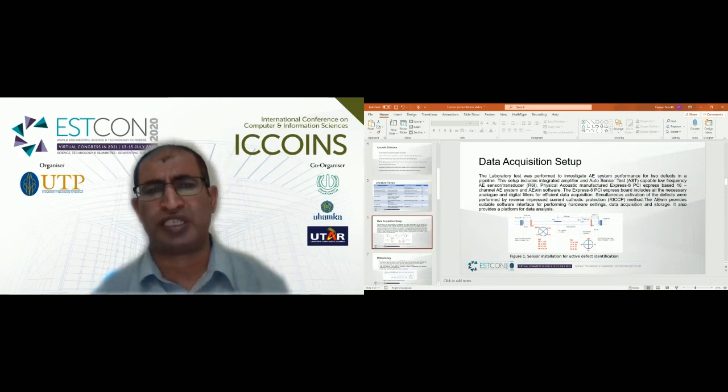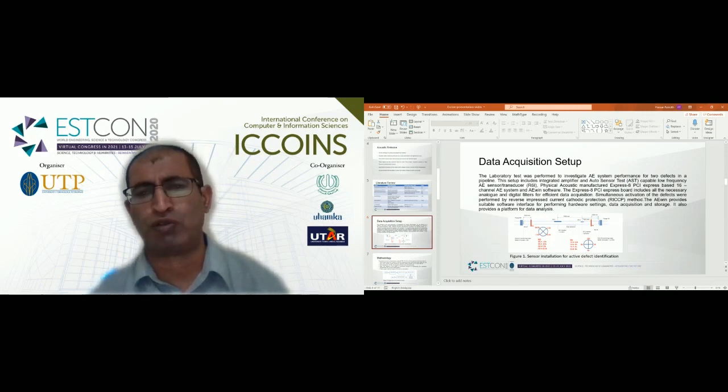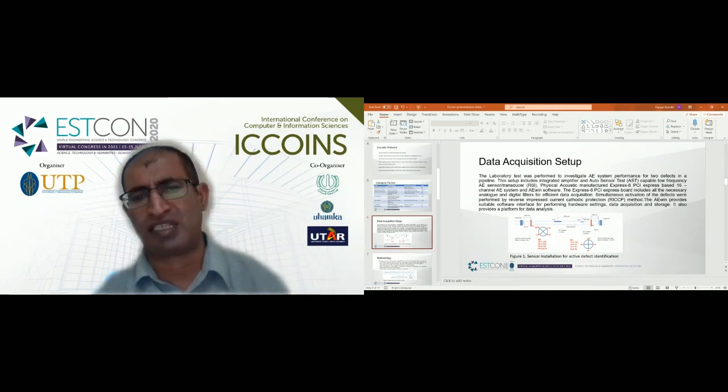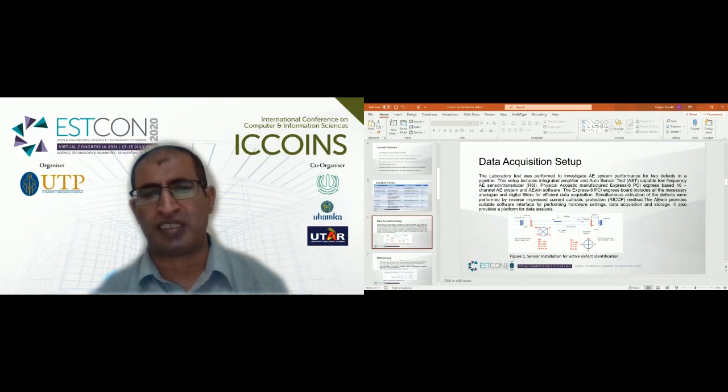The data acquisition setup. Here the data was acquired in the laboratory by artificially creating two defects in the pipeline. The setup includes an integrated amplifier and auto sensor test capable of low frequency AE sensors R6i, physical acoustic, and the Express 8 PCI Express based 16 channel AE system and AE software.